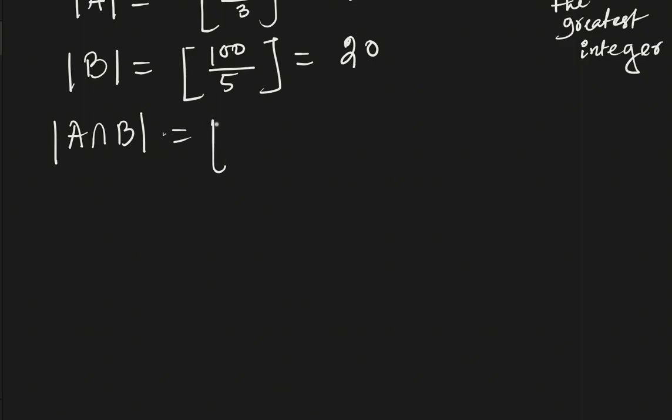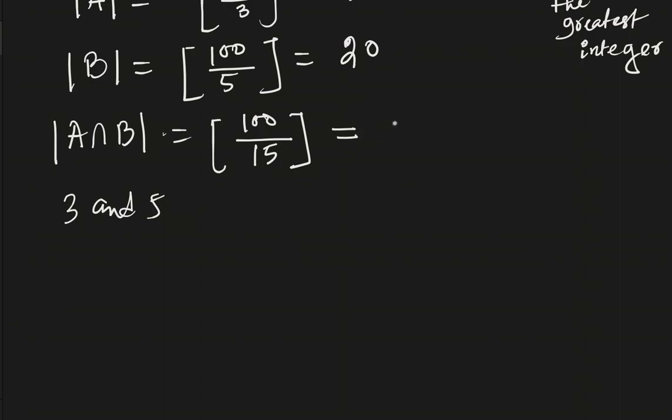Now, one interesting thing is there. Why 15? The smallest number between 1 and 100 which is divisible by both 3 and 5 is actually 15. So any number divisible by 15 is divisible by both 3 and 5. So that means 100 by 15, how many numbers are there?